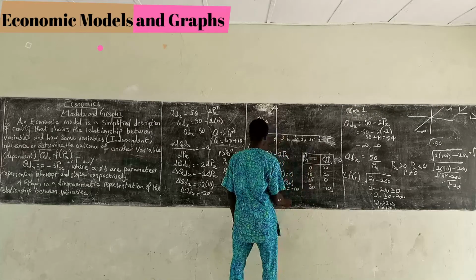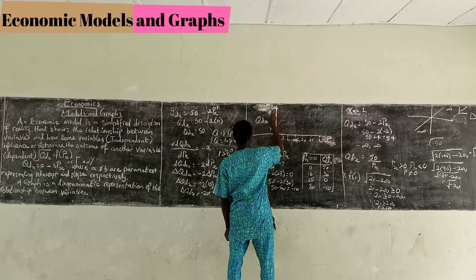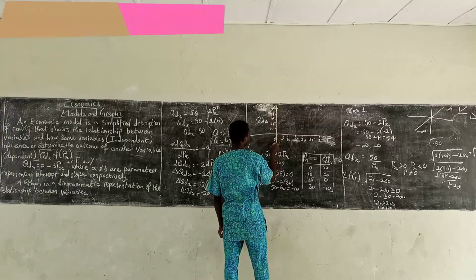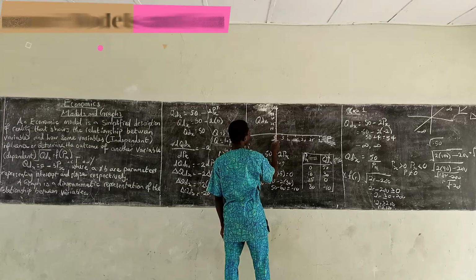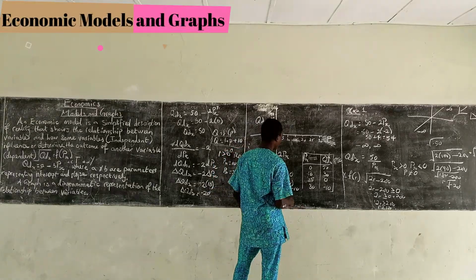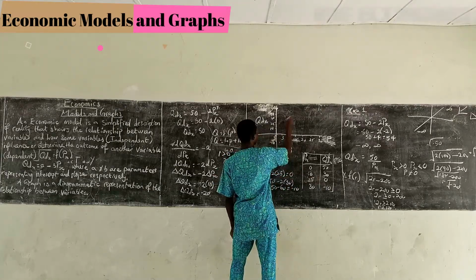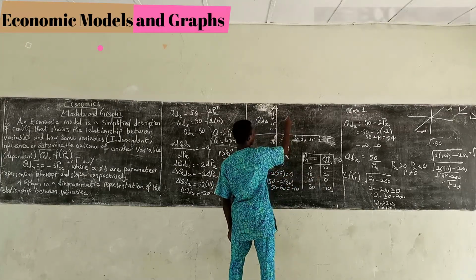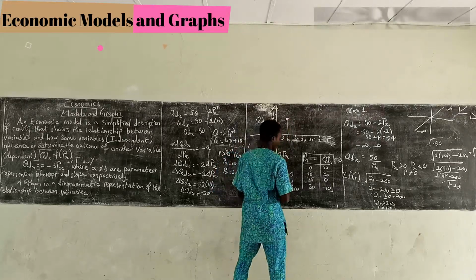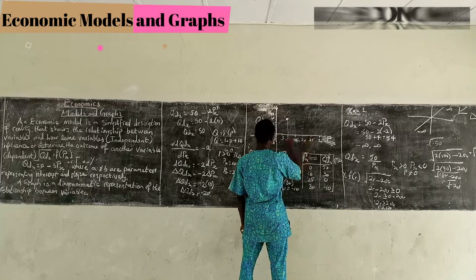So looking at the range of this, we just make this 10, 20, 30, 40. So here is 0, here is minus 10. Okay. So when this is 10, we'll be having 30 of these. This is where price is 10 and quantity is 30. And then when the price is 25, we have quantity being 0.